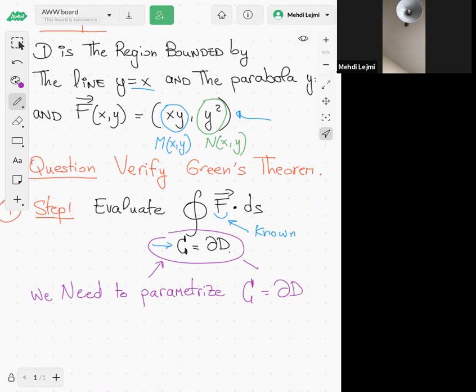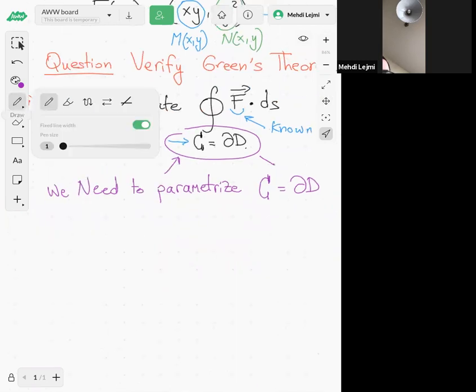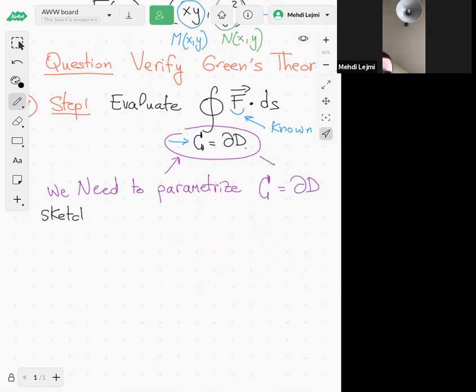Okay. So what's C? Well, let's sketch the region D. Here's 1, here's 1, here's 0.